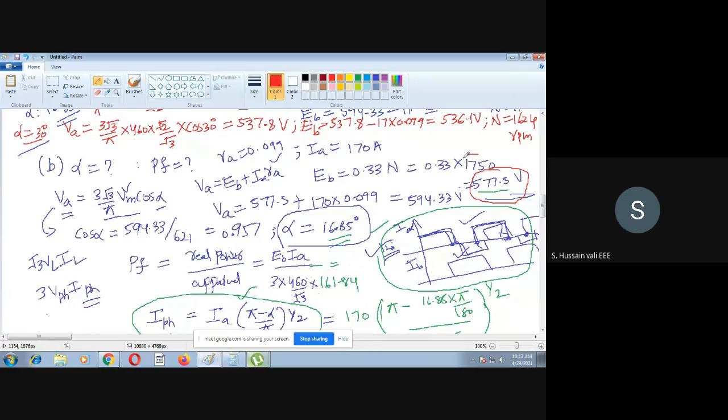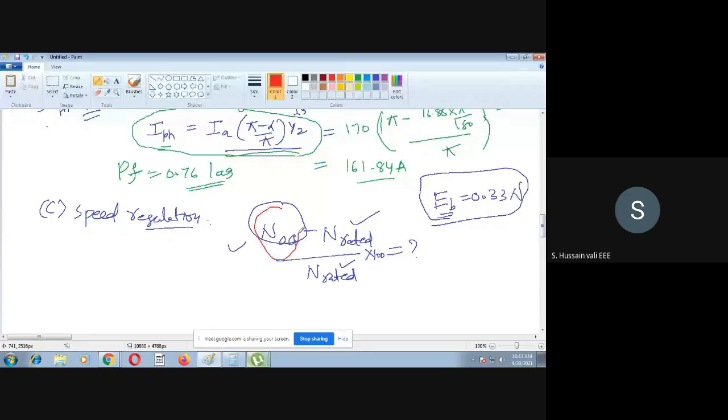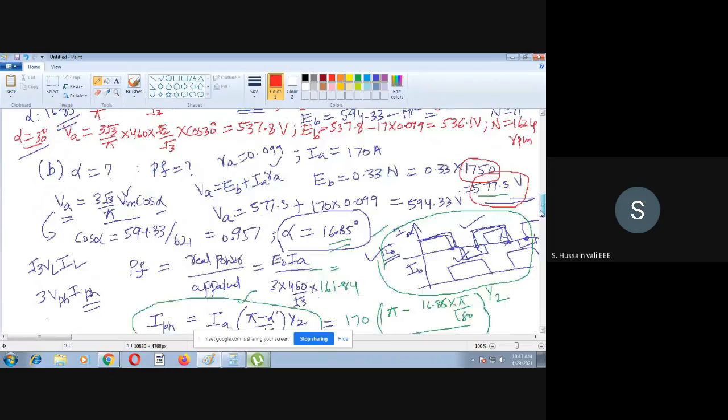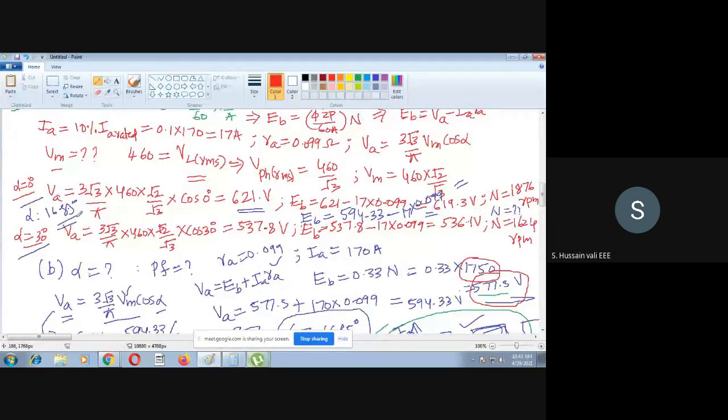You got it at 1750, the rated speed. Rated speed means the actual speed is also the rated speed, and this is also the rated speed. Then what is the regulation you will get in that case? 0. So we have to solve like in the first problem.